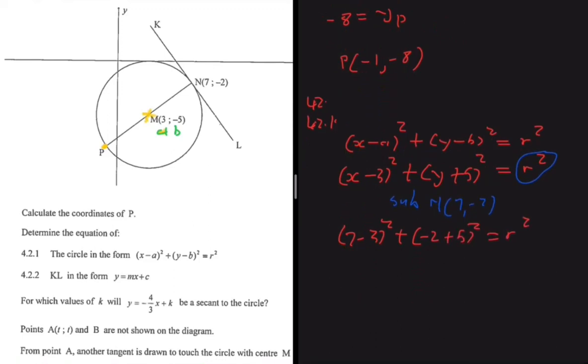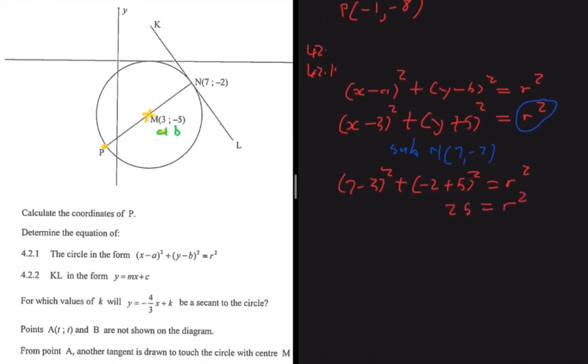So there we just have 4 squared plus, I think that's supposed to be 3 plus 3 squared, so we have 25 being equal to r squared. So now our equation will be (x minus 3) squared plus (y plus 5) squared being equal to 25, right?